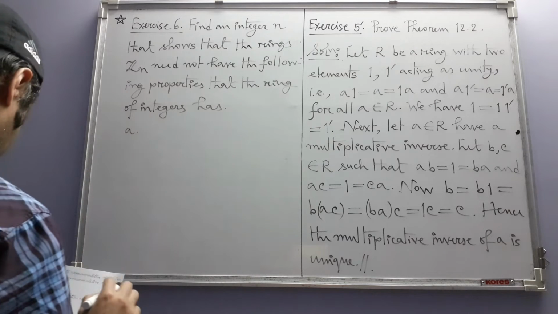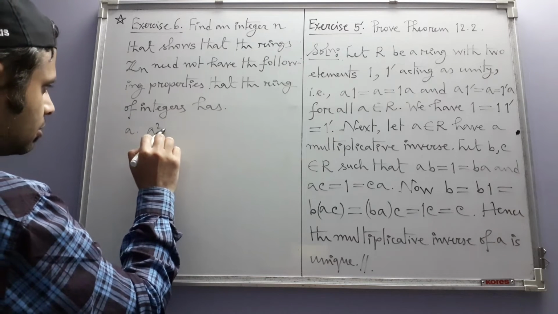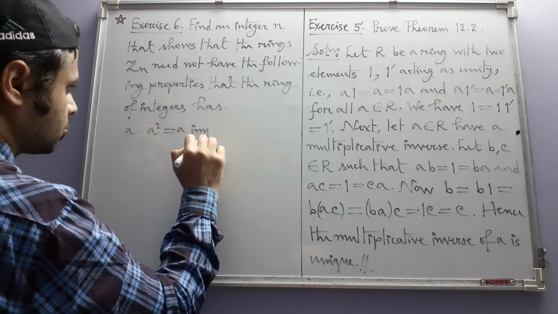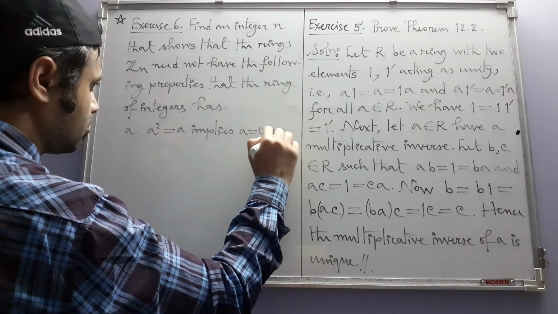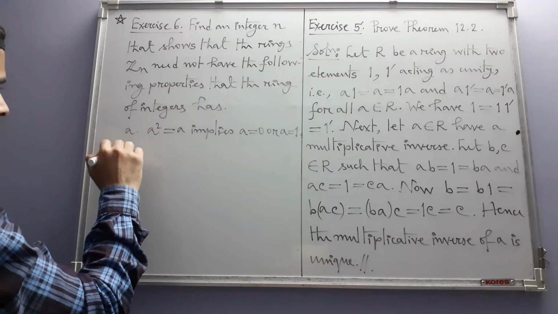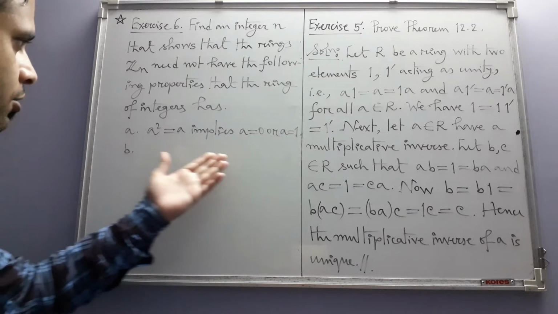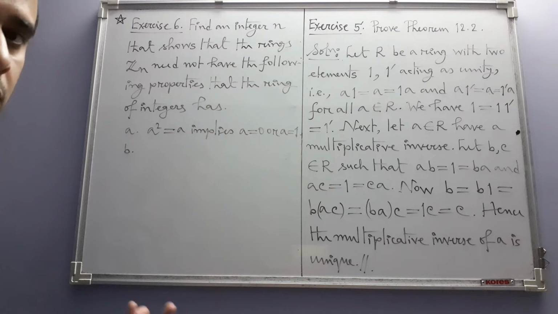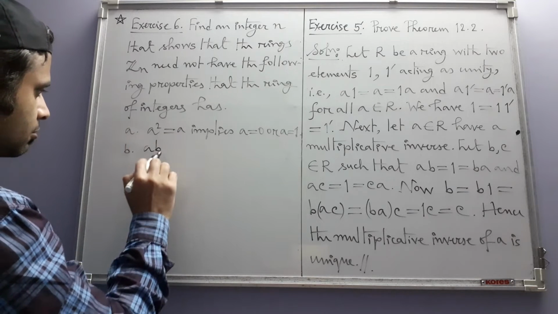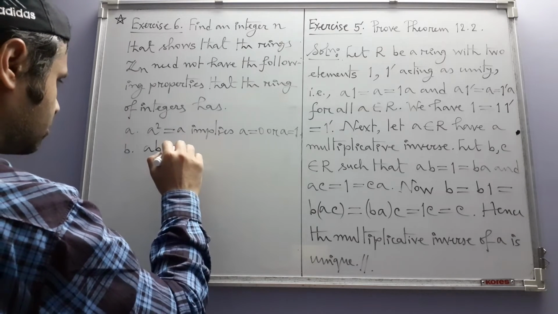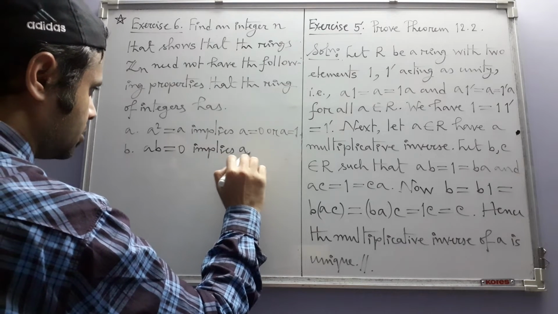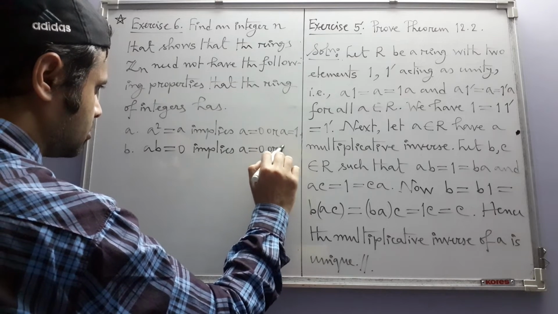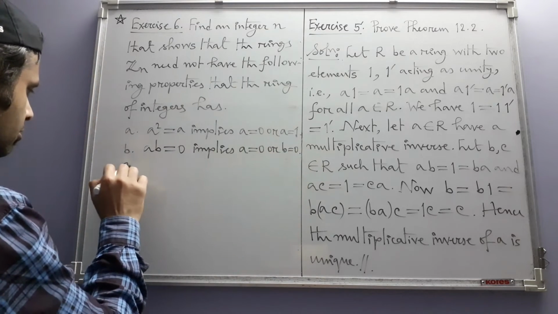What are the properties? A square equal to A implies A equal to 0 or A equal to 1. Ordinary conclusions to which we have become familiar. AB is equal to 0. When this happens, this implies A is equal to 0 or B is equal to 0.